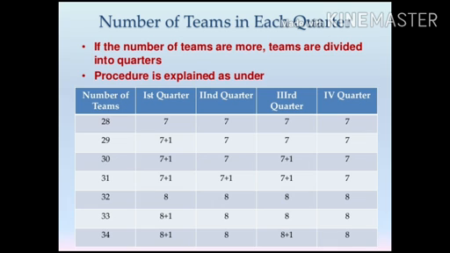The first quarter will have one extra team, and the other quarters have an equal number of teams. When the remainder is 2, then quarters 1 and 3 will have one extra team, and 2 and 4 will have the same number of teams.